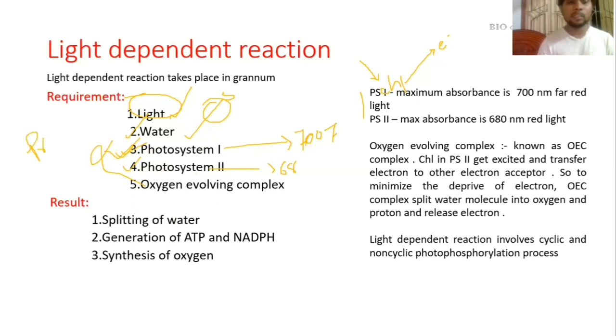The proteins in photosystem 1 are different from those in photosystem 2. Their proteins make them absorb light at different wavelengths. Just remember those. Now coming to the oxygen evolving complex. So, just see here.